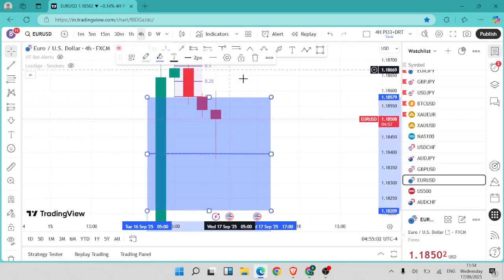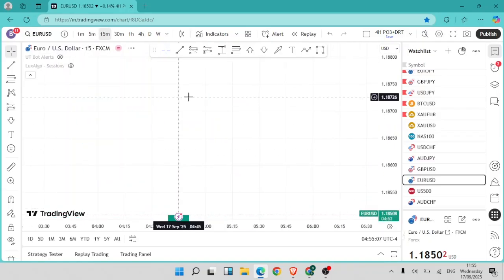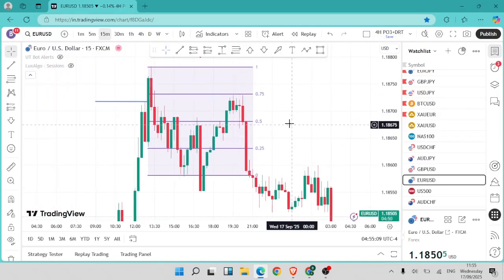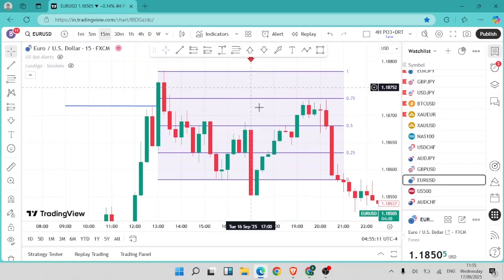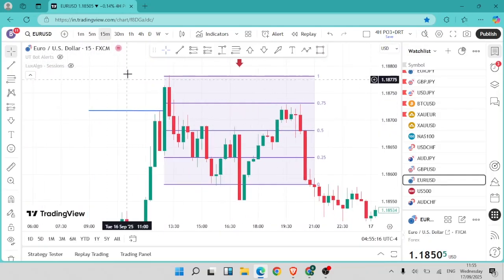So with that in mind, we now want to go into the lower time frames, 15-minute time frame, and find an area of value where price is likely to react off in the premium side of this dealing range. So in the 15-minute time frame, you can see there's nothing solid.